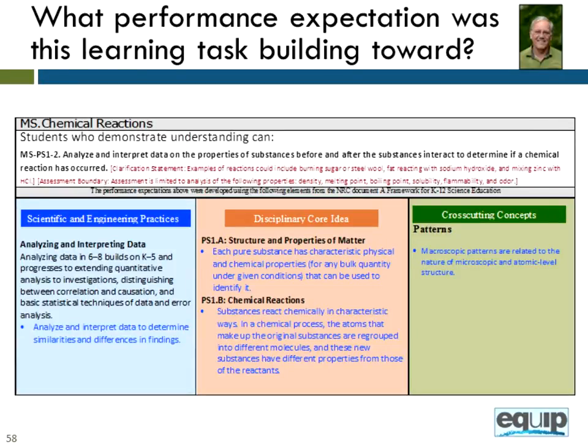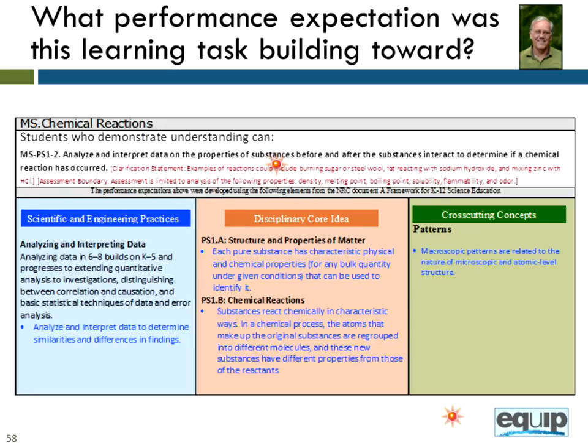If I really try to unpack or break down this performance expectation, there are various parts, and you can never think that in one lesson I'm going to get to all this. For instance, just related to the core ideas, there are notions of properties of substances. Kids have to learn that. There's the notion of before and after the substances interact, and what we mean by a chemical reaction.